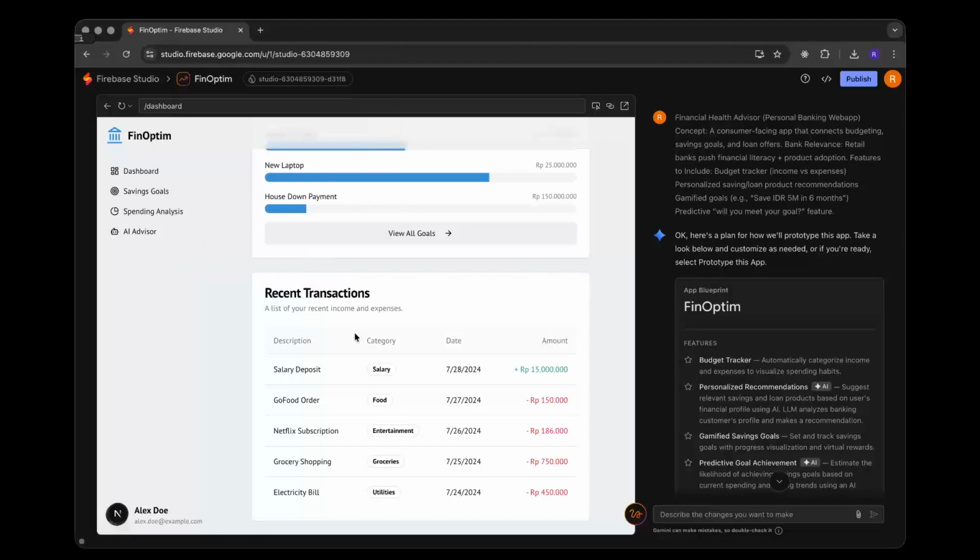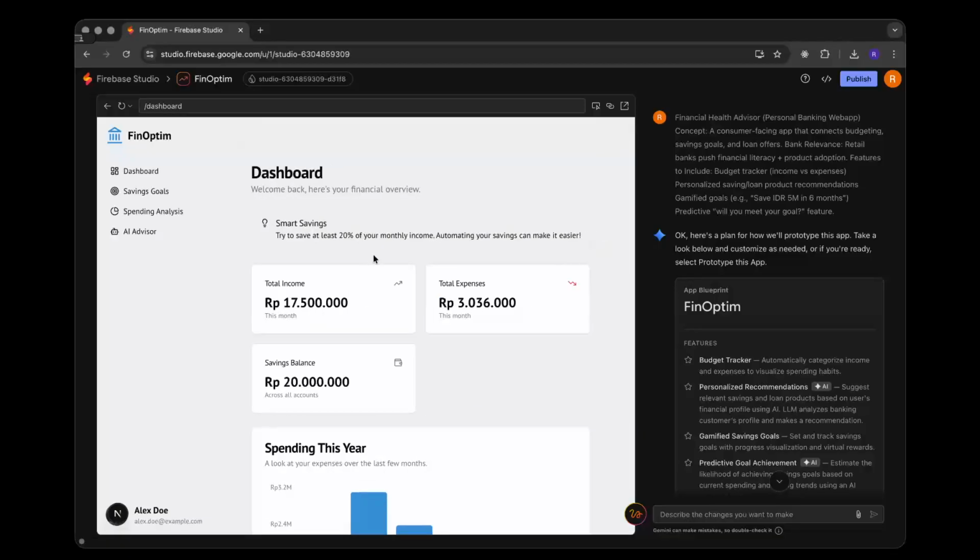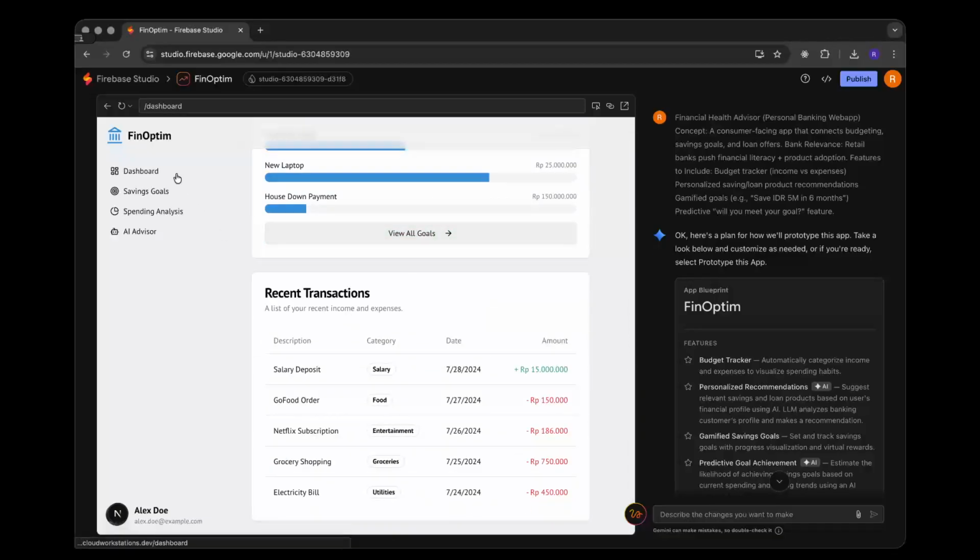And this also provides color as well, such as green for when an amount is added, and red when the amount is removed. The savings goals is the same as this one as well.